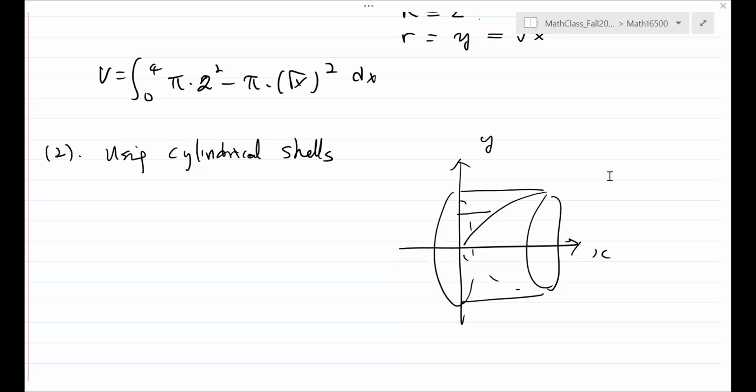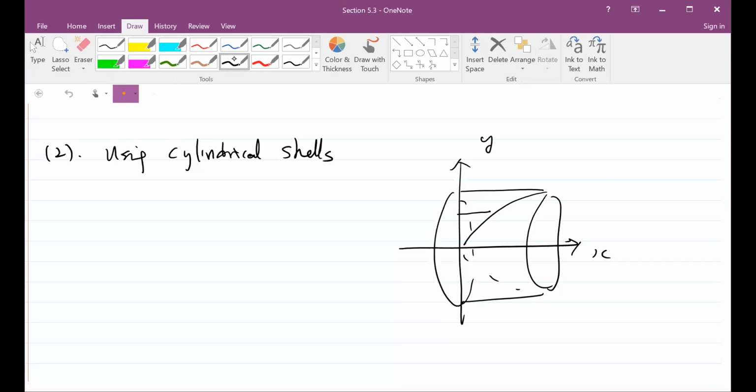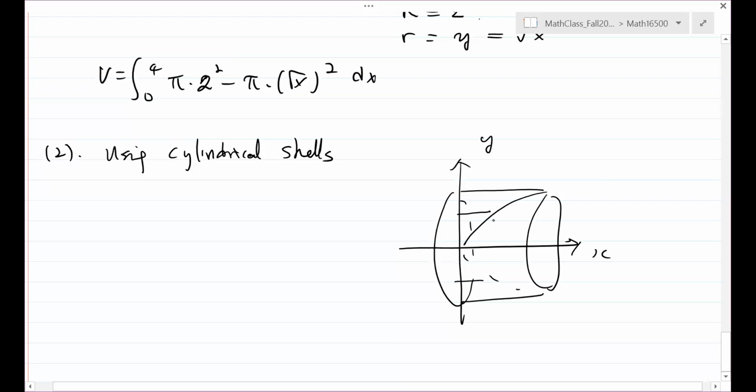I have no idea. Okay, you go ahead and try and do it. Set up, you draw the cylinder. And this is going to be up. The screen stops. I don't know what happened.